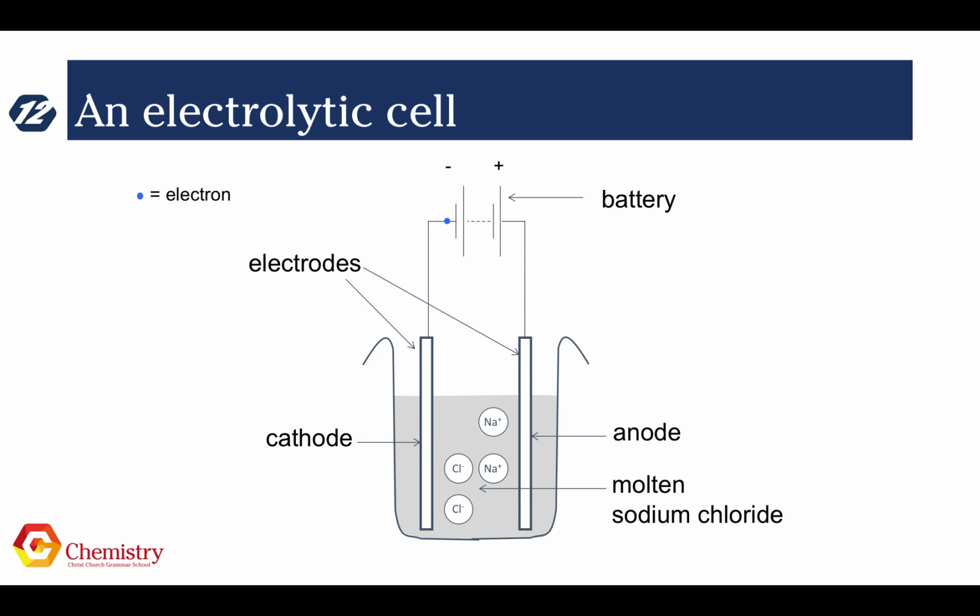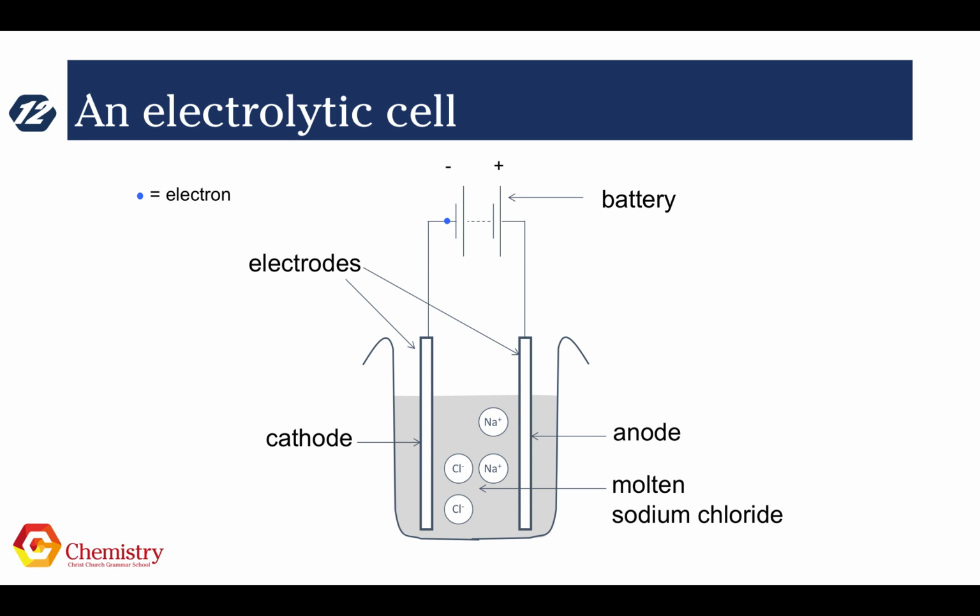So let's have a look at a cell. Now you'll notice a few differences between an electrolytic cell and a galvanic cell. In an electrolytic cell, you can see we've got two electrodes, but they're actually in the same pot. For the purposes of WACE, what you need to know is essentially the splitting of binary salts.